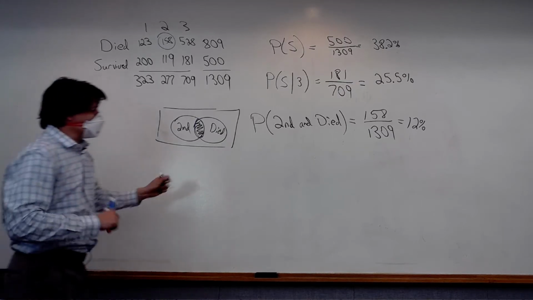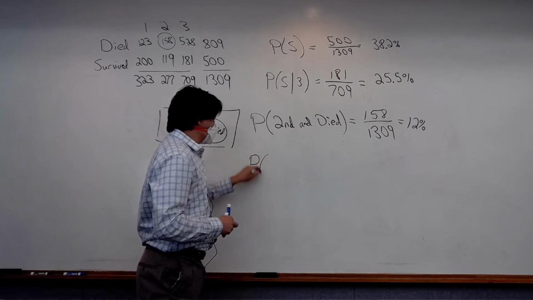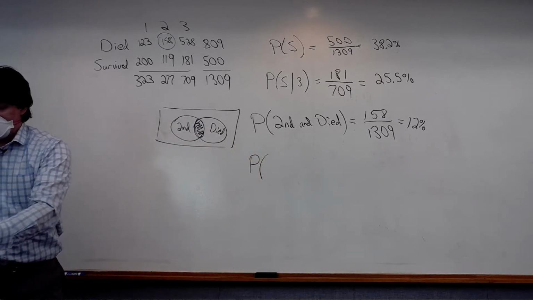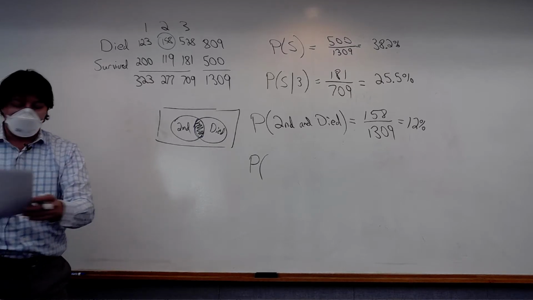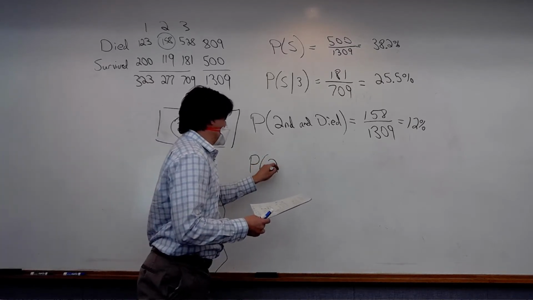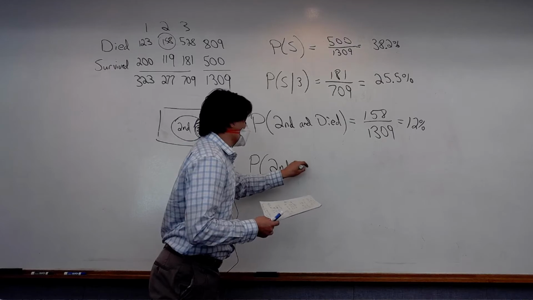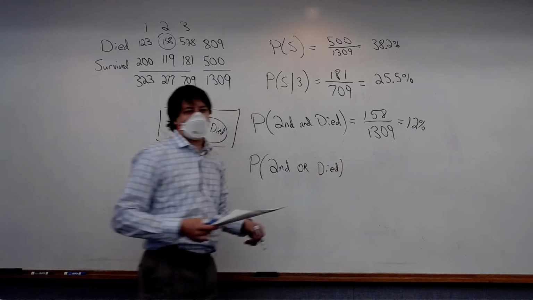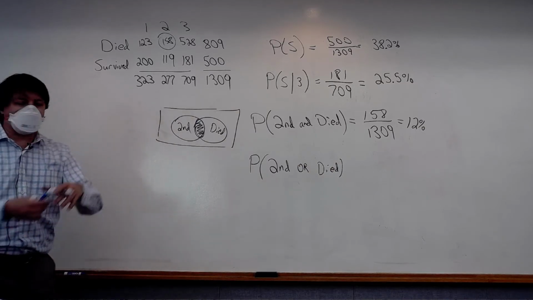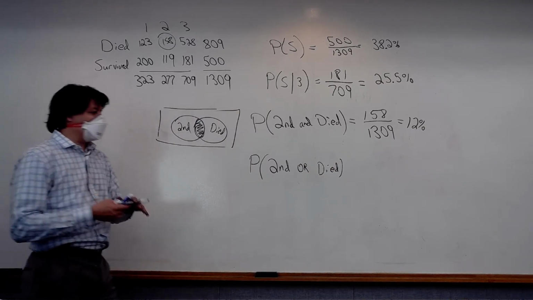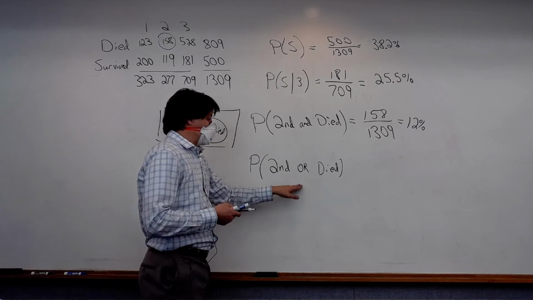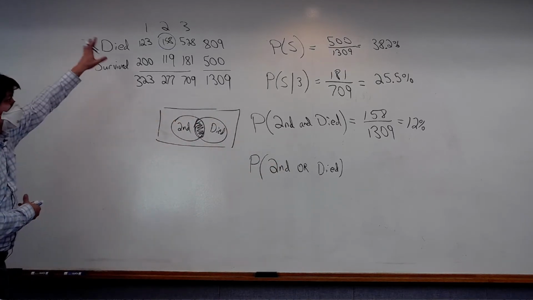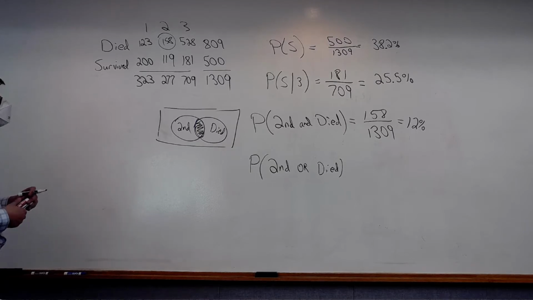We can also do things like, what's the probability that, let's say, we want second or died? Probably not a super useful question in this scenario. I don't know how worried you are if they were second or died, but you could imagine other situations where we would want that.